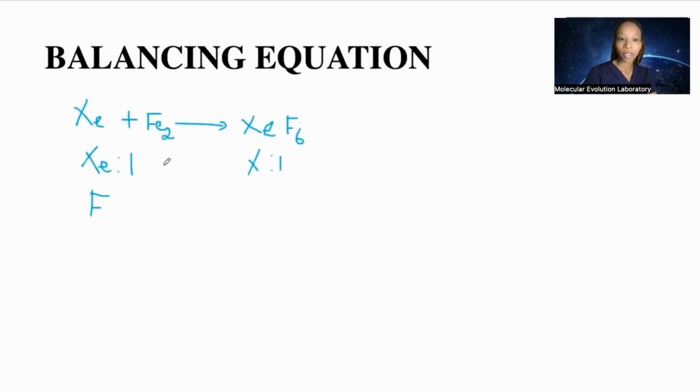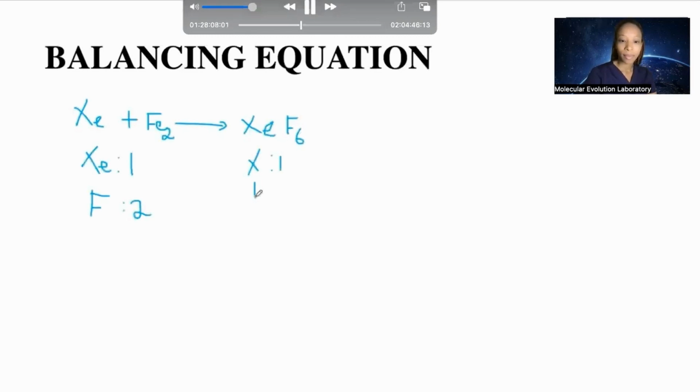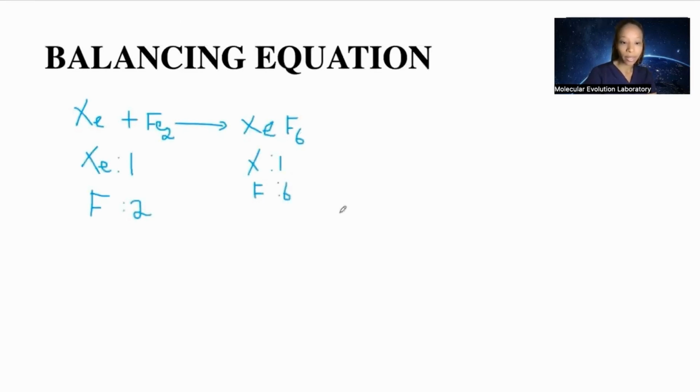We have 2 fluorine, and on the side of the product, we have 6 fluorine. So you can see this is not a balanced equation. How do we get to have 6 fluorine on both sides? What we can do is insert 3, and we end up with 6 fluorine, and we have a balanced equation.